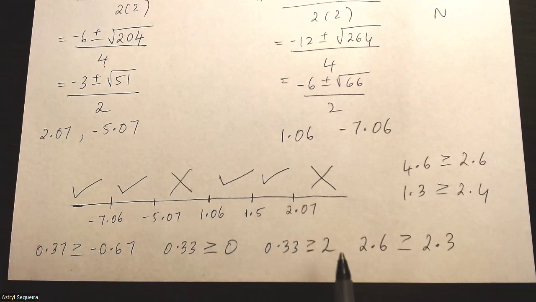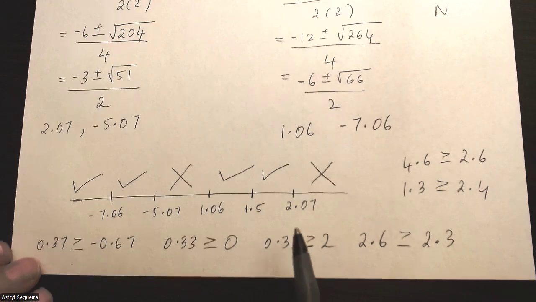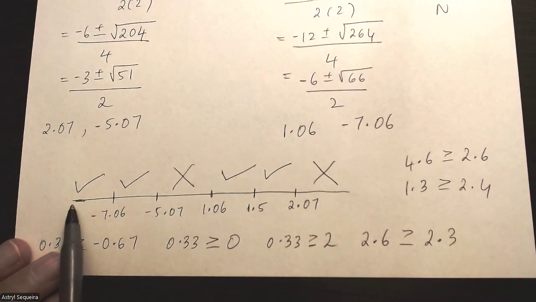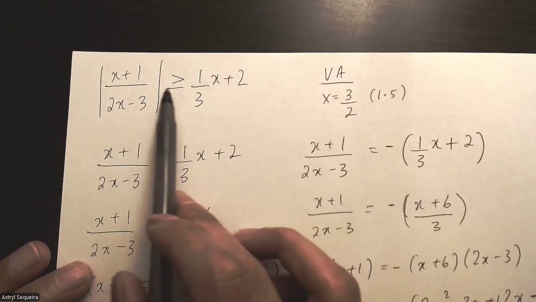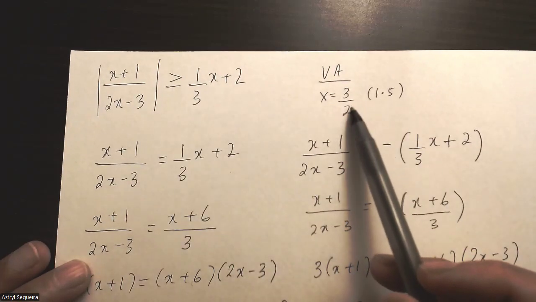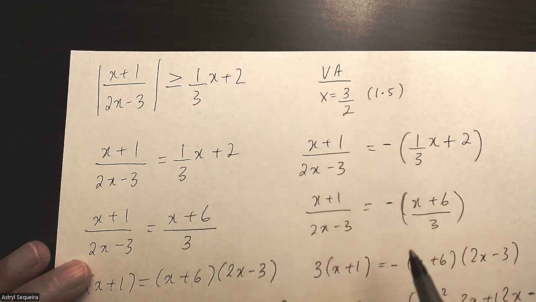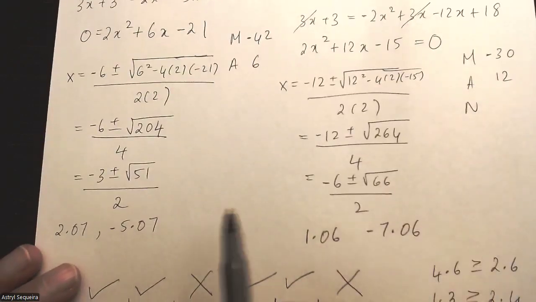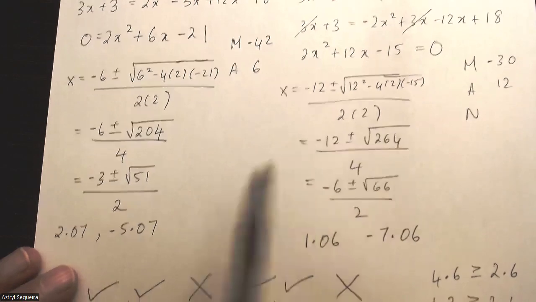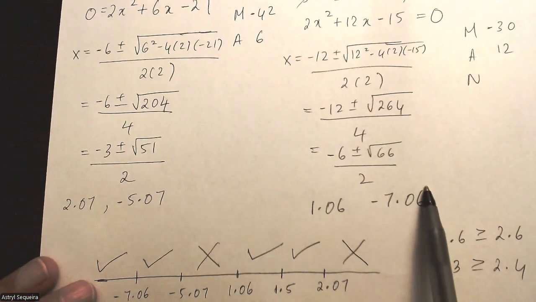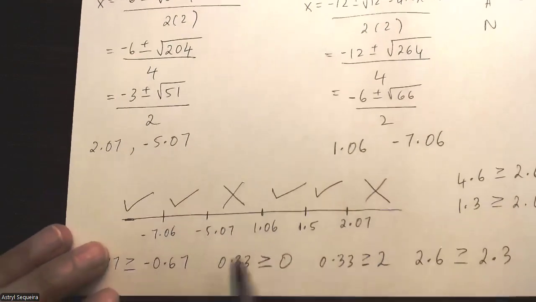We just have to combine them for our final solution. So over here, since it's inclusive in the main equation with an equal to sign, that means that vertical asymptotes are going to have round brackets because they're non-inclusive, but our solutions will have square brackets because they're inclusive.